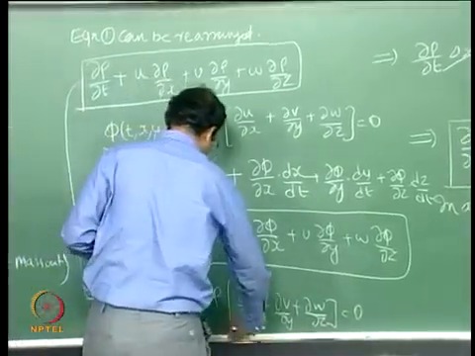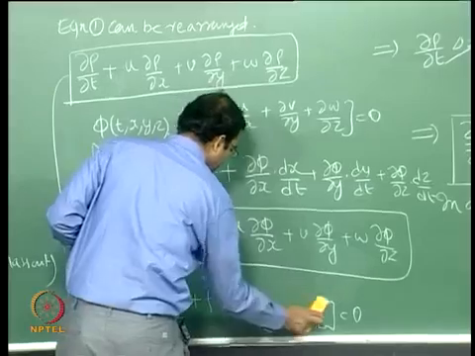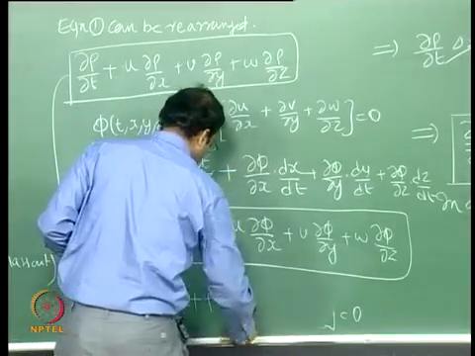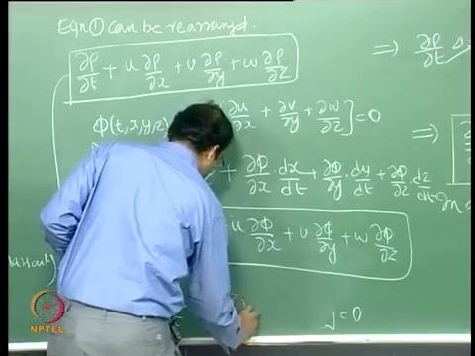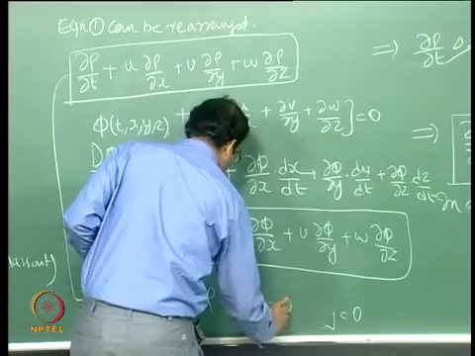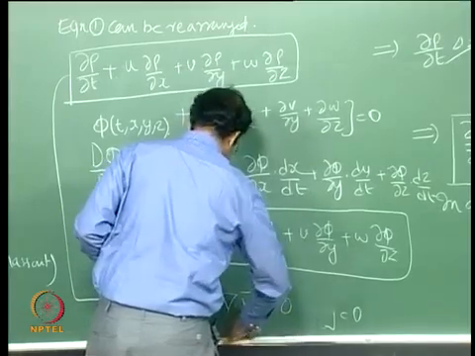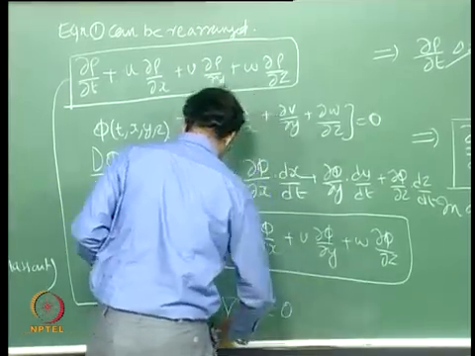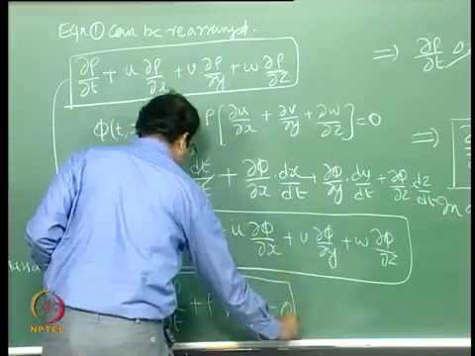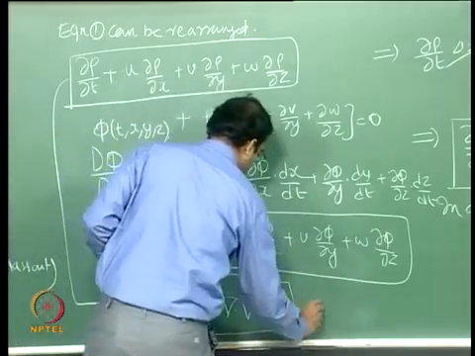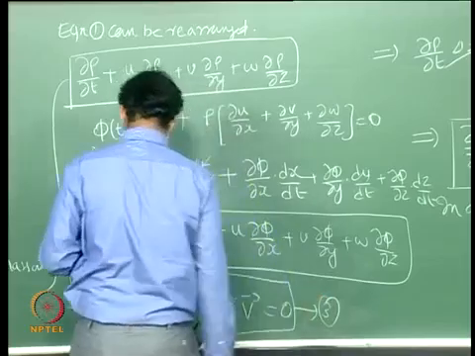So this again I can use the coordinate free format. I can write this as rho times divergence of v, which is equal to 0. So these are different ways in which I can write the continuity equation.